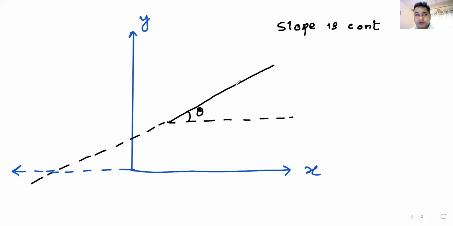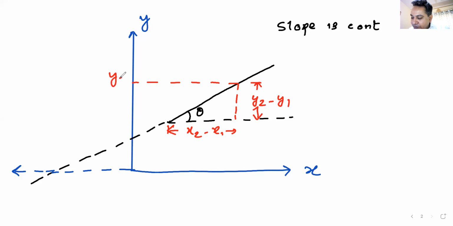I'm again repeating what we did in the last class because that is how we are going to move forward. This was x2 minus x1, and this was y2 minus y1. So I've drawn a better diagram so that we have a better understanding. This was y2. Yes or no?